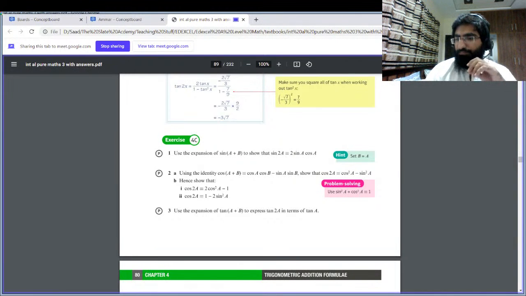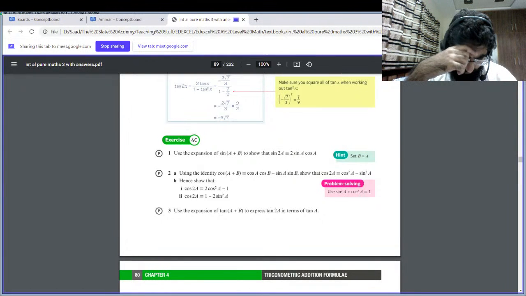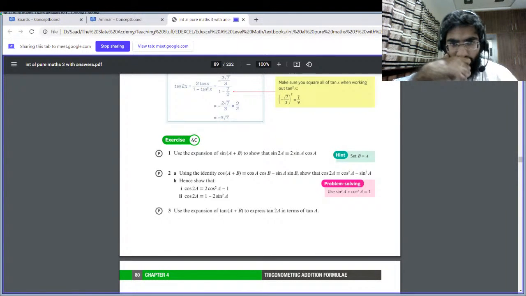And so that makes cos 2A is cos squared A minus sine squared A.